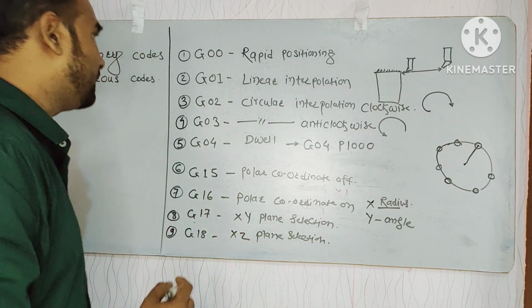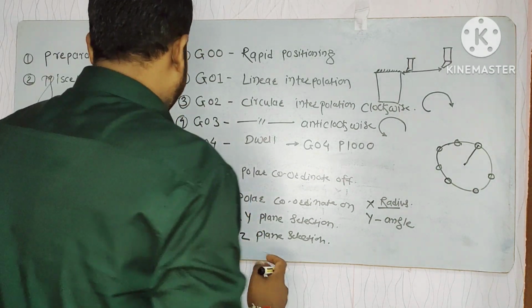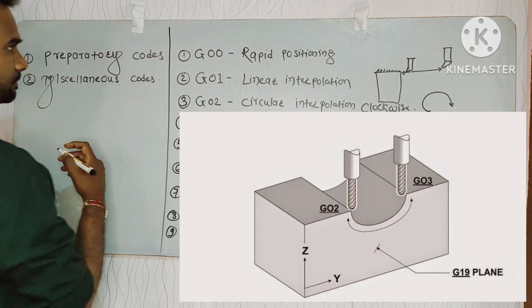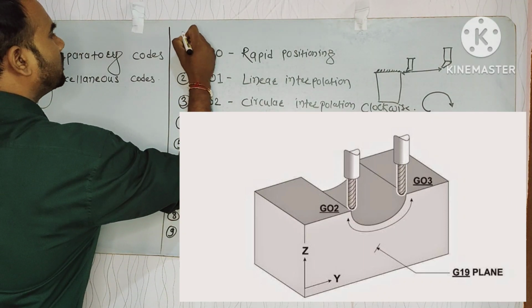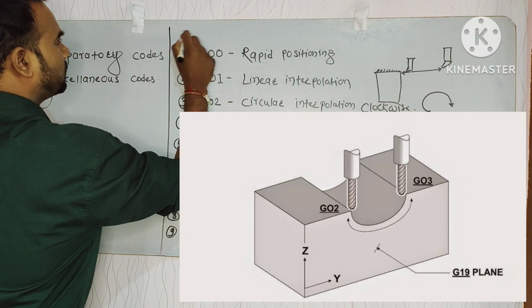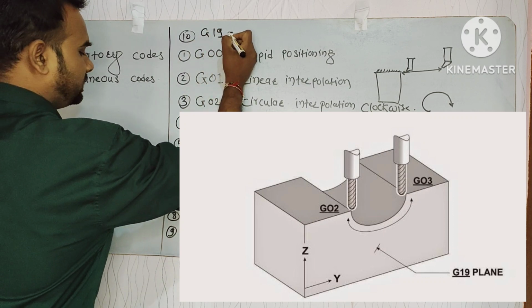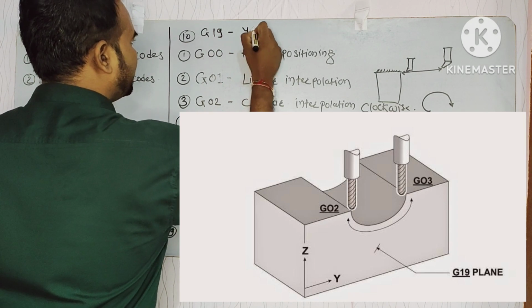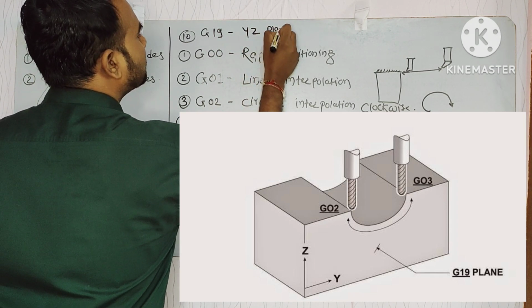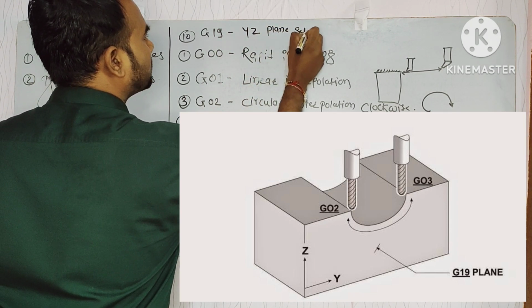And our next is G19, number 10. G19 means YZ plane selection.